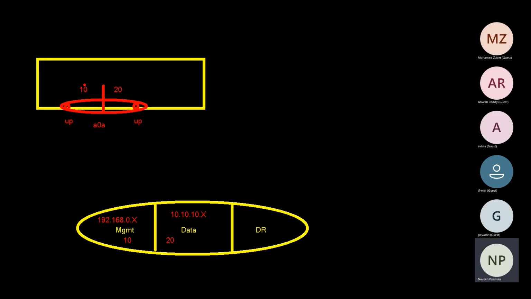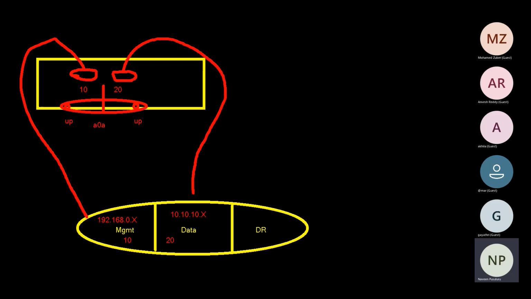So what I'm going to do is create two VLANs on top of my ifgroup. On top of VLAN 10, I'll configure the management LIF, and on top of VLAN 20, I'll configure one LIF and connect this to the data LIF.